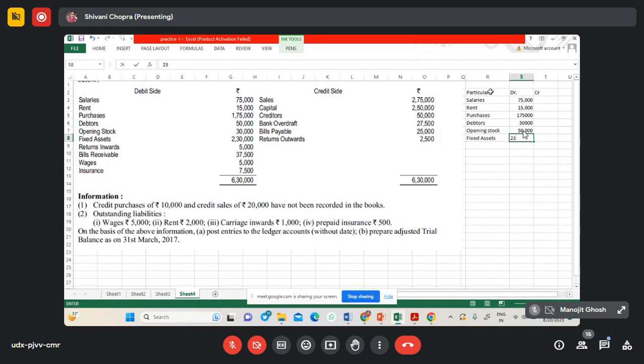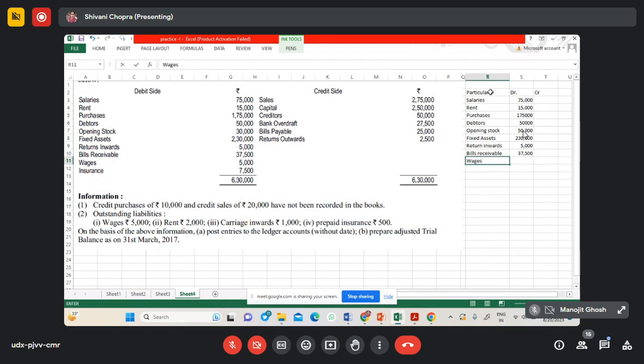Okay, they have correctly placed all of these. Then you have return inwards. What is return inwards? Sales return, debit balance. Bills receivable, 37,500.